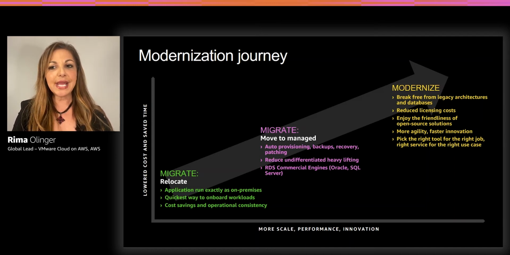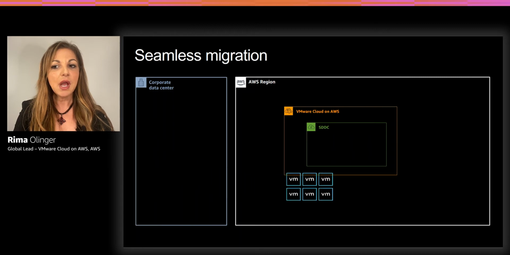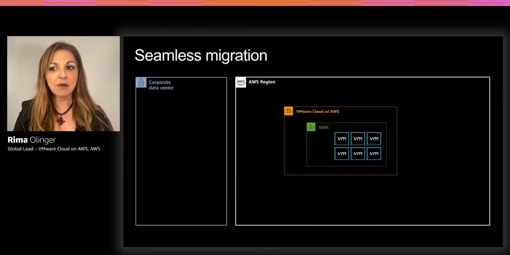With VMware Cloud on AWS, we made it seamless for our customers to migrate from on-premise VMware environments to AWS with the flexibility on migration methods without incurring application or virtual machine downtime.